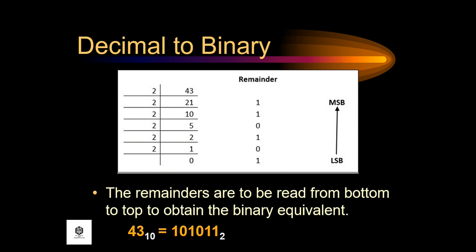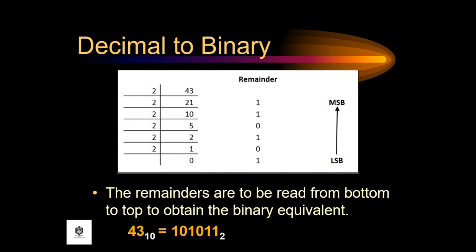21 times 2 is 42, so the remainder is 1. Then 21 divided by 2 is 10. 10 times 2 is 20, and the remainder is 1. Then 10 divided by 2 is 5. 5 times 2 is 10, so there is 0 remainder.